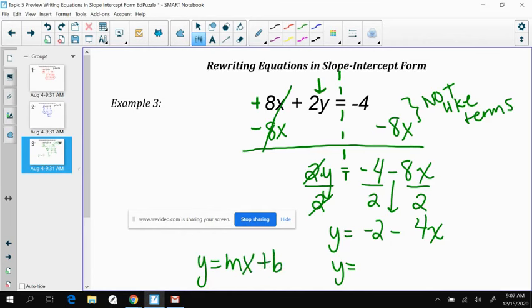So the term with the x, we truly want leading the right-hand side. Since that m term is being taken away, taking 4x away, and our b term is -2. So -2 minus 4x is equivalent to -4x minus 2.